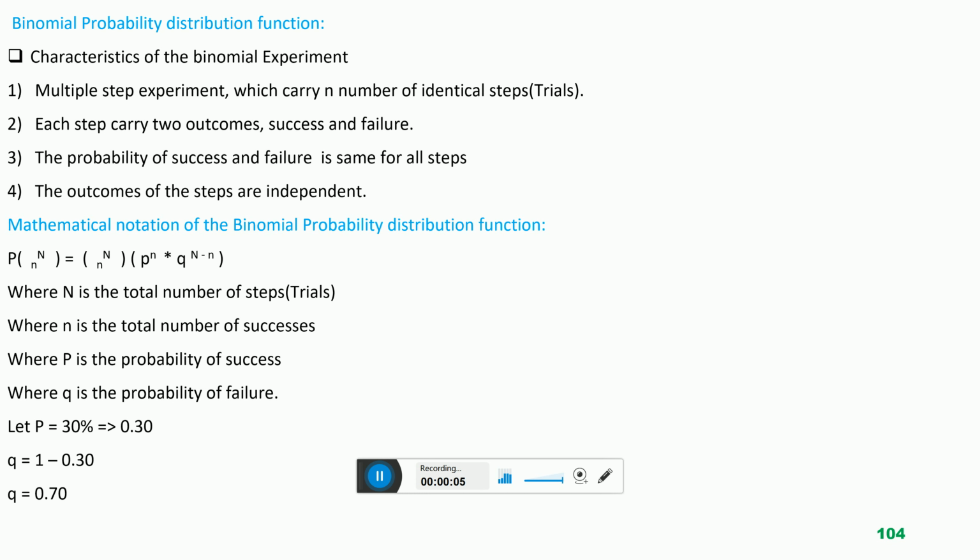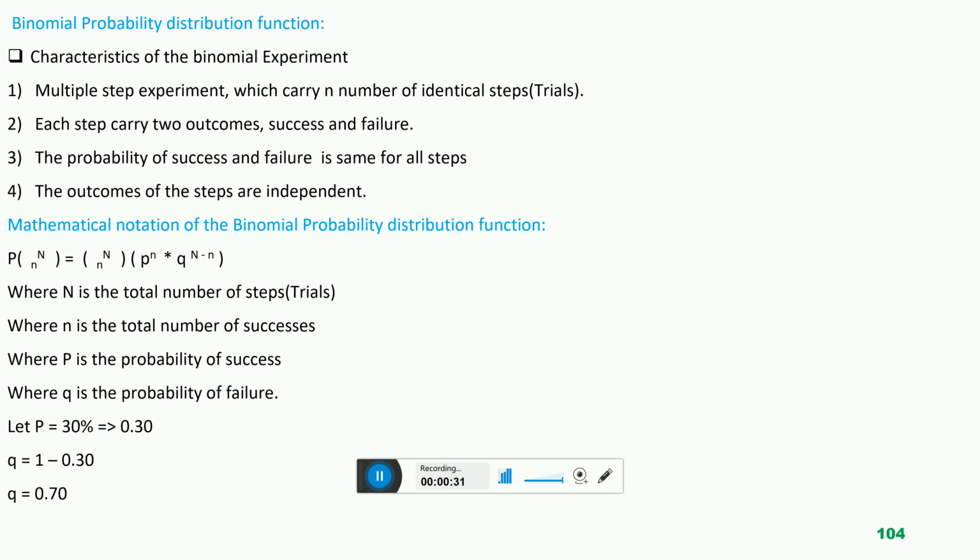In the previous lecture, we were learning discrete probability distribution function. In this section, we will learn about the binomial discrete probability distribution function. What does this binomial discrete probability distribution function mean?